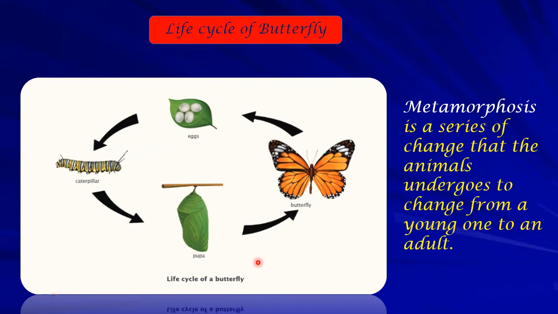In the case of the hen, there is no metamorphosis happening, but in this case there are a lot of changes. It lays eggs, and a worm-like thing which we call a caterpillar comes out. We might think it is a different species, but it's not. The caterpillar undergoes a change by eating the leaves, then forms a pupa, many changes happen inside it, and then the butterfly comes out. These processes are called metamorphosis. It's not only for the butterfly; for many other organisms it will be the same.